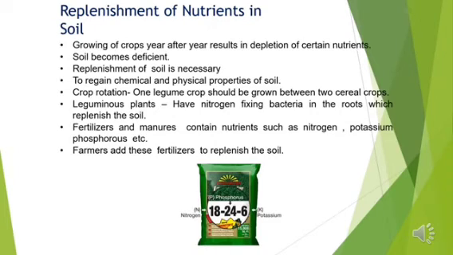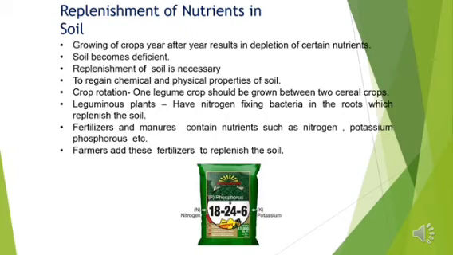So the first way which we can do is by following the crop rotation method. What is this crop rotation method? If you are growing a crop on a field, what we'll try to do is, for one crop or one season, we would grow 2 cereal crops, or one legume crop should be grown between 2 cereal crops.